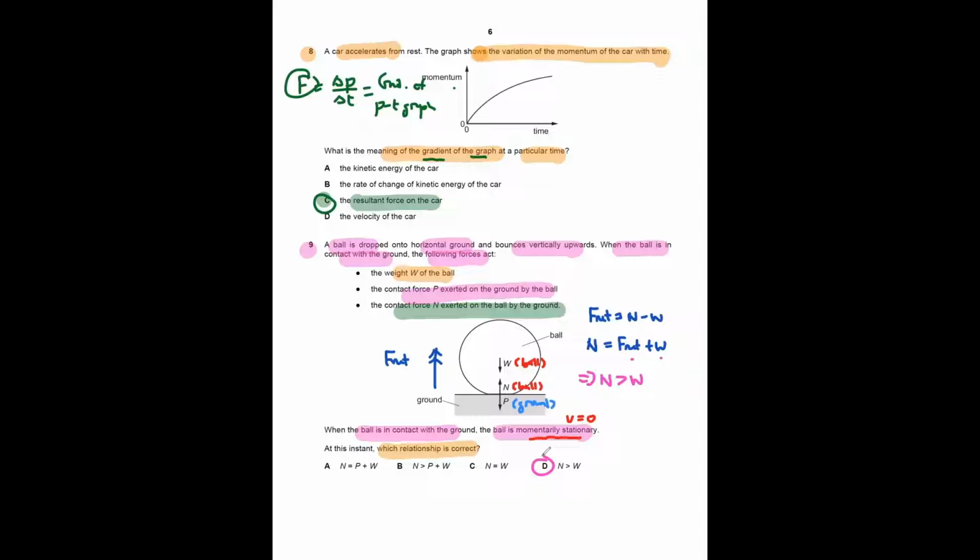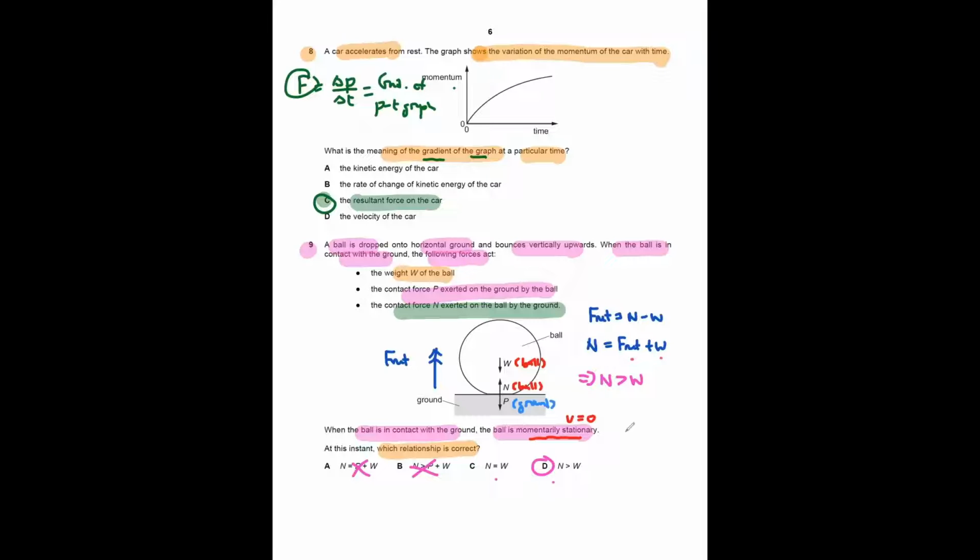You won't consider the rest of the answer choices, like let's say A and B, because as I mentioned to you, P is actually not the force on the ball, it's actually the force on the ground. So I won't really consider anything related to P here. I only consider C and D. But when it comes to these two, I should have realized that the ball is actually at the point of bouncing up. Maybe I should rewrite this.